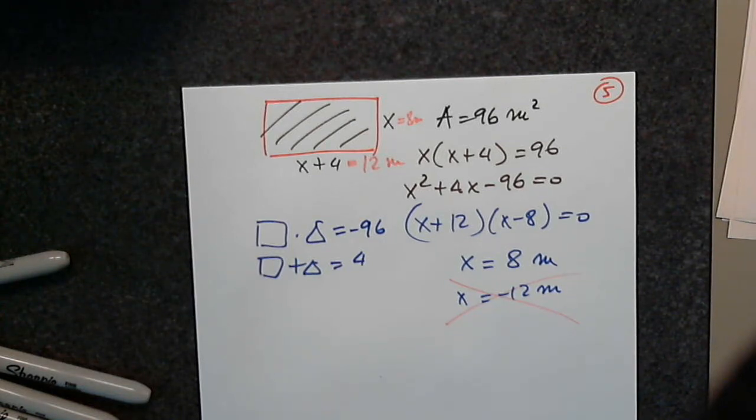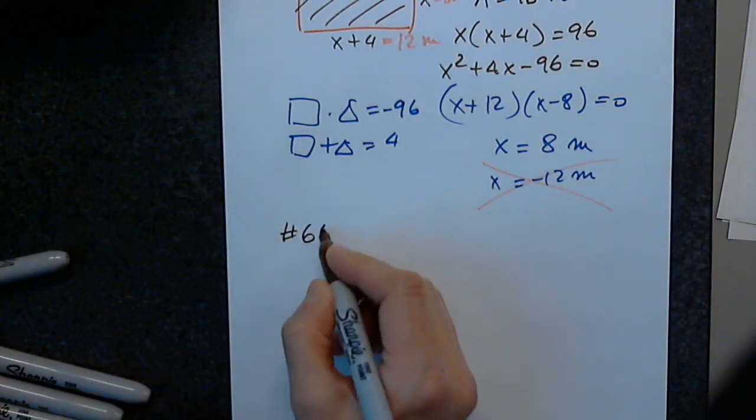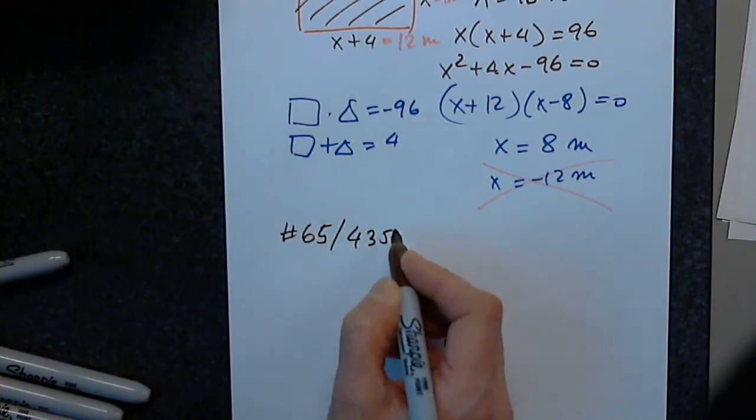Okay, so let's look at page 435, and let's look at more word problems from there. If you have your book, if not, I will write the problem. A rocket is fired from the ground with an initial velocity of 440 feet per second. Its height h after t seconds is given by. So I'm looking at problem 65 on page 435.